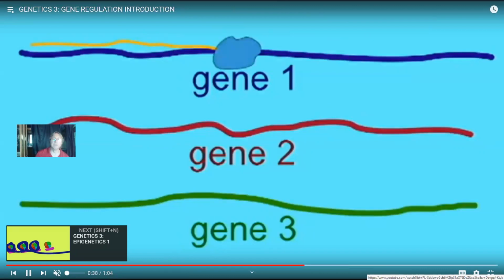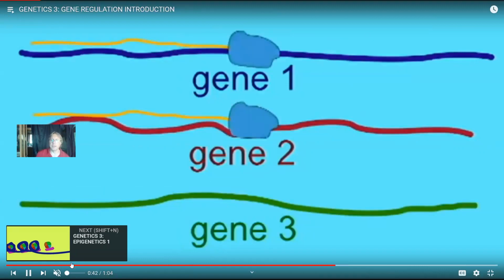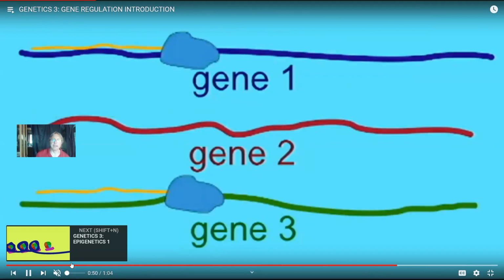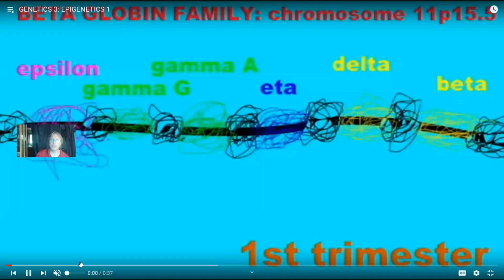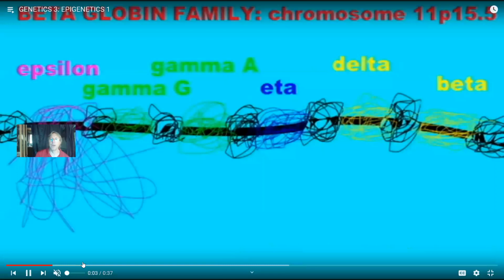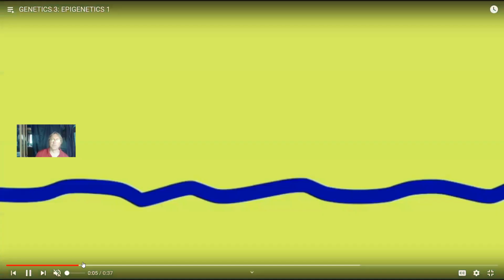So for example, while mutations are, say, permanent changes to the nucleotide order, there are also changes where even if the DNA nucleotide order is the same, nevertheless, we could have some changes of the DNA which could be influenced by our environment, which, while it wouldn't change the order of the amino acids, it could change the gene's activity.